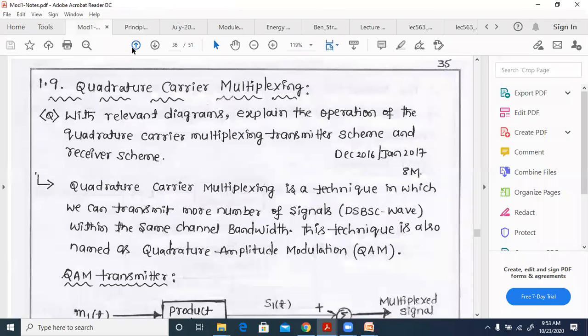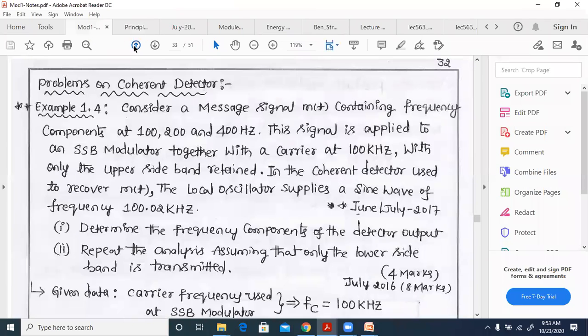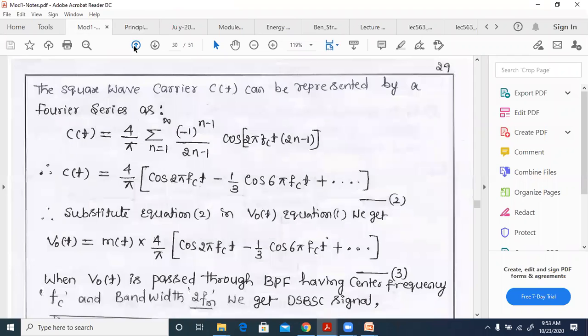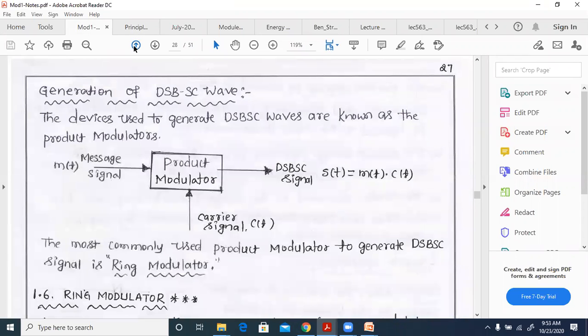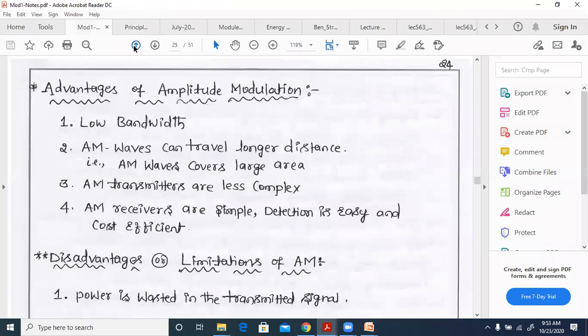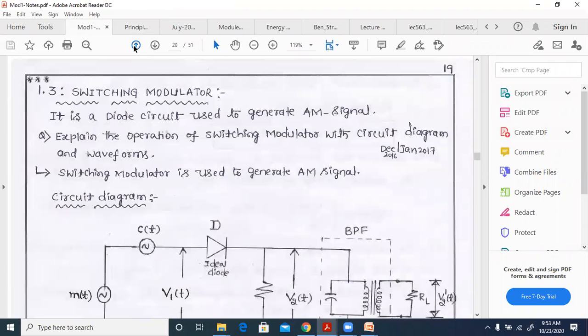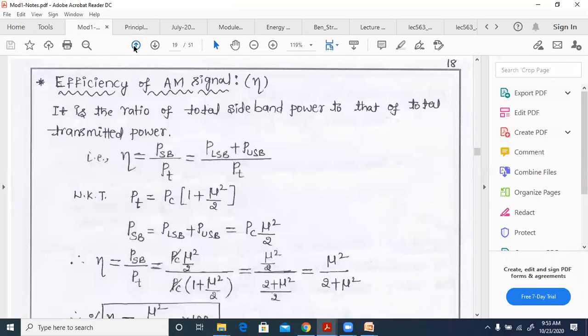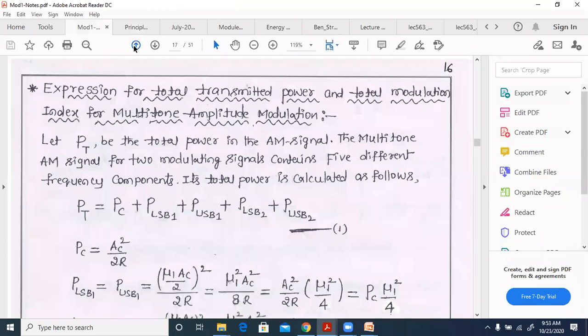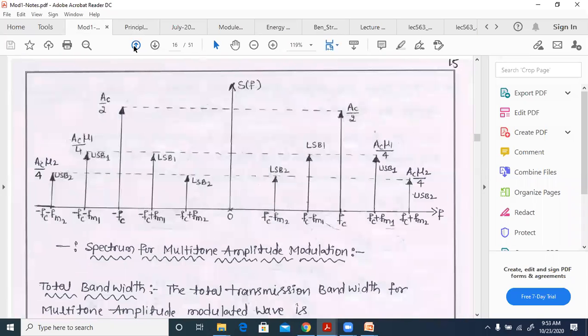So single tone will be the figure which corresponds to this.